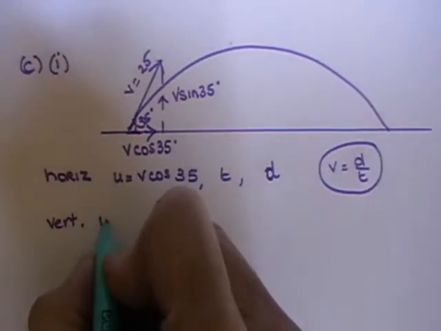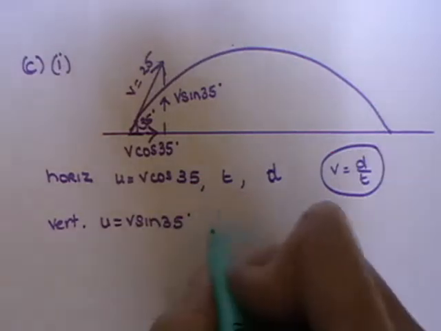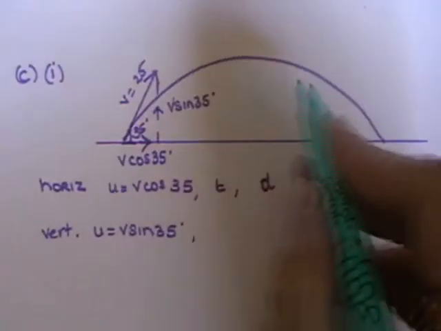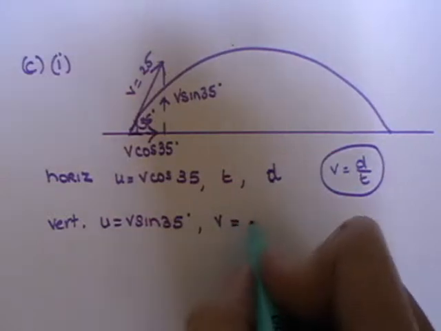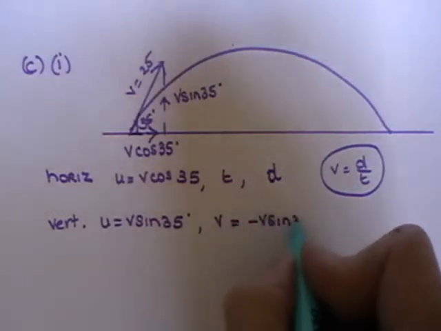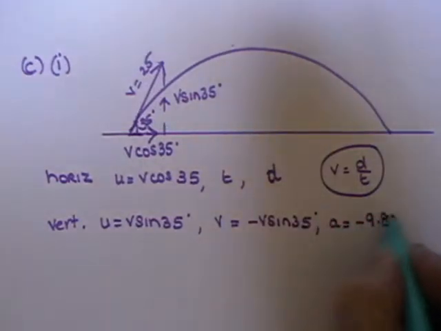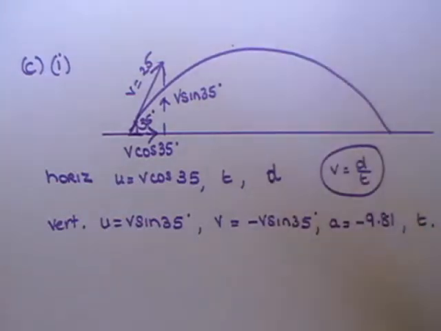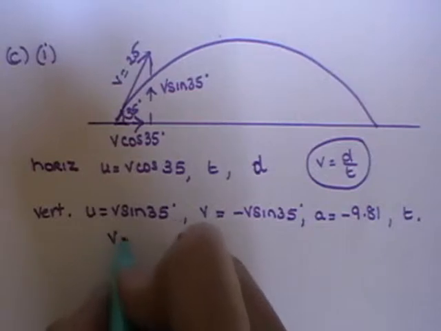So what do we know there? We know that u is V sine 35. When it lands on the ground again, its final velocity is a negative value of that, minus V sine 35. We know that A is equal to minus 9.81, and we're looking for time. So V equals u plus AT.